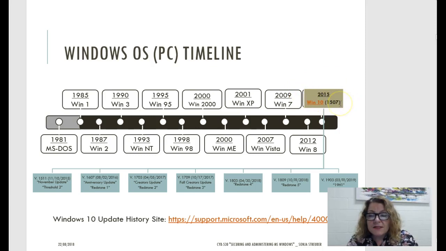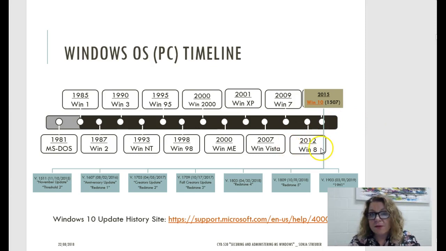That's version 1507, and since then we have had a number of updates, since Microsoft claims that Windows 10 will be their last operating system ever, and it will be supported by a number of updates.